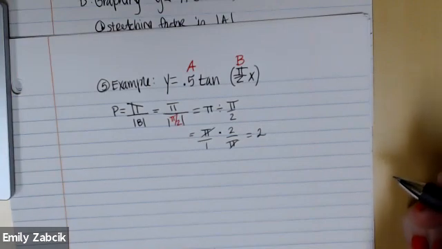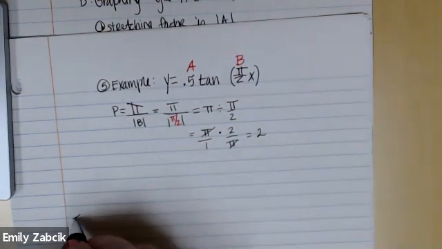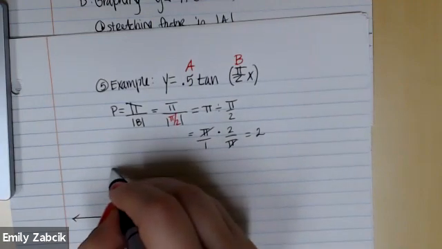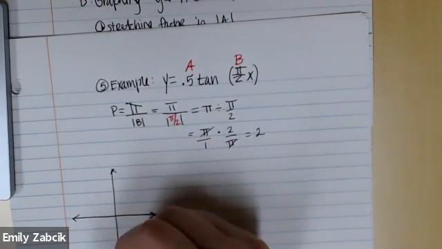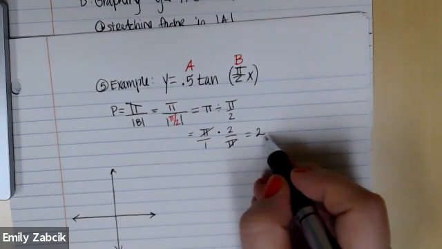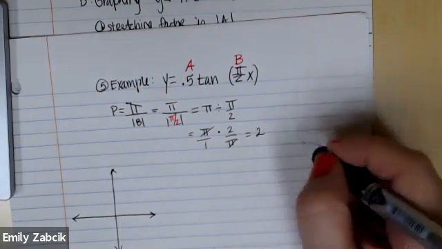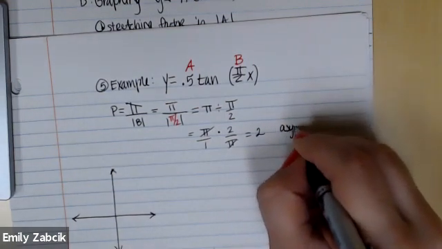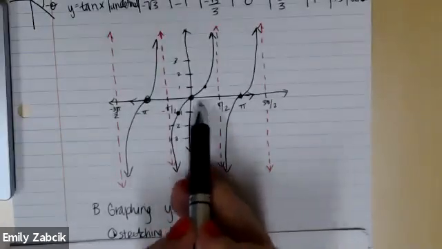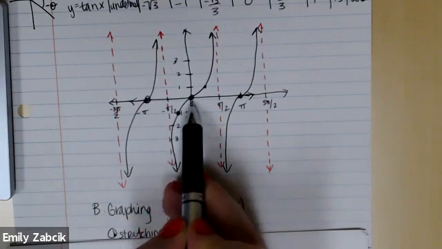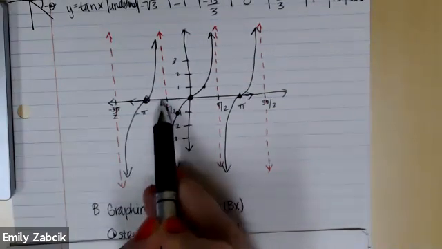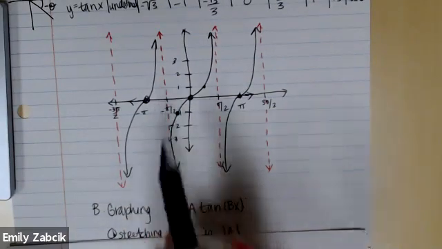So if my new period is 2, and we have not talked about shifting this around at all, then I can already start to see that the way that this is going to cycle through, it's going to have a period of 2. So if I cut that in half, that means I'm going to have asymptotes, because we saw in our original function that it went halfway over here and halfway over here. It went to pi over 2 and to negative pi over 2, but an entire period of pi.